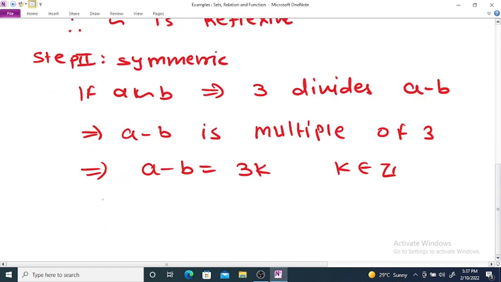If you multiply both sides by minus sign, then B minus A is equal to 3 times minus k.